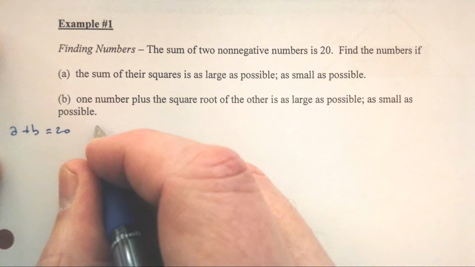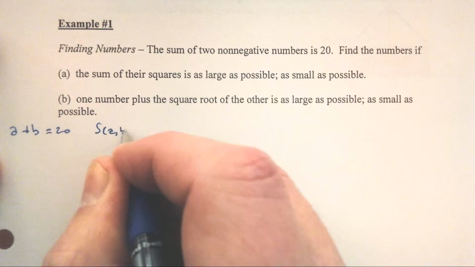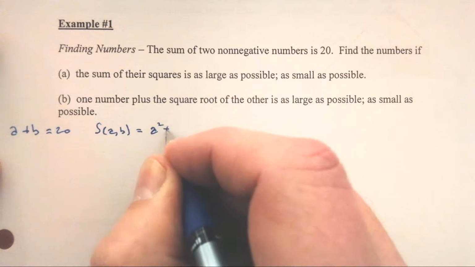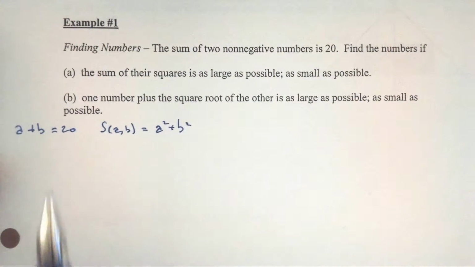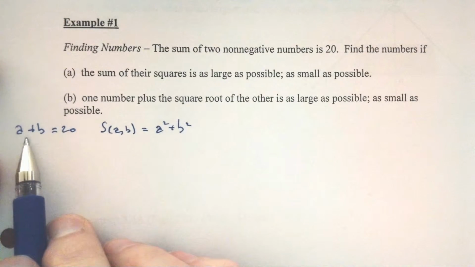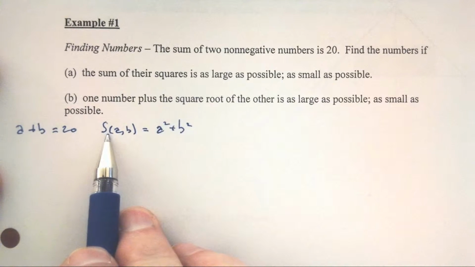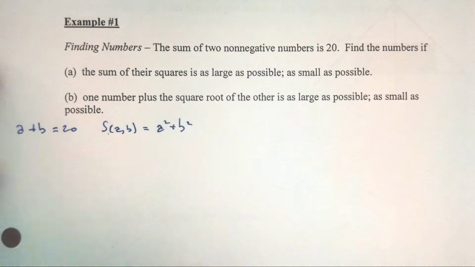So I'm just going to call it S of AB, the sum of their squares, A squared plus B squared. So we've got two equations here, or we've got a function and an equation here. Basically, we'd rather have this as just a function of a single variable. So I would say choose the easier variable to solve for. In this case, it doesn't really matter.